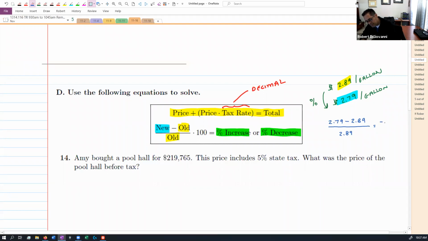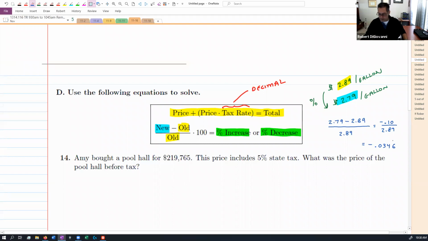So it's negative, be careful, it's negative 0.10 over 2.89. So divide that by 2.89 and I get negative 0.0346.